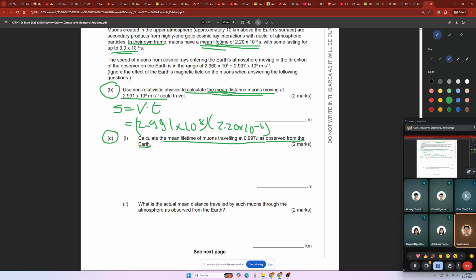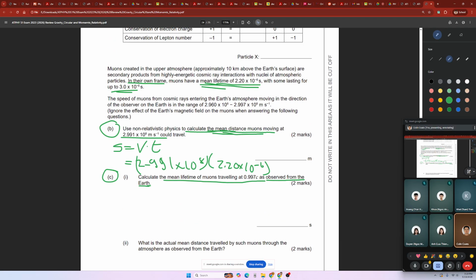So now we have relativistic effects because it's talking about observed from Earth, another frame of reference, as you can see, okay? So let's take a look. This is our time in their own frame, muons have this much life.